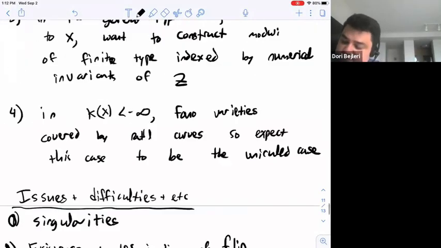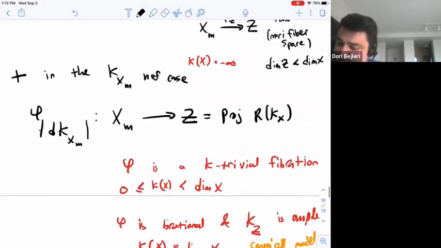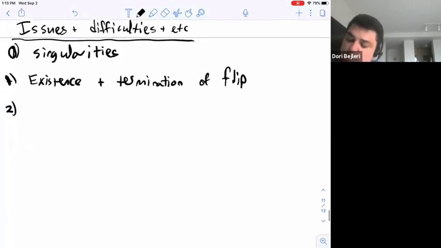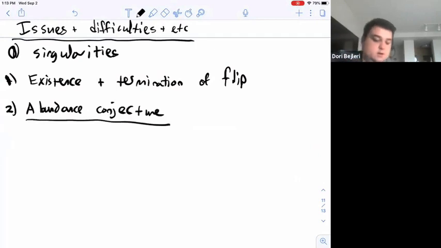2, this last expectation that in the K_X nef case, we hope that this linear series is semi-ample. This divisor being semi-ample is one version of the abundance conjecture. And in this full generality, it's completely open, but various special cases are known.